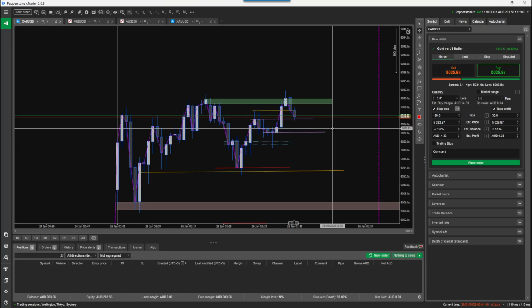And that gap there, we're really looking at it feeding into this zone at the bottom here. To me, it's in there.